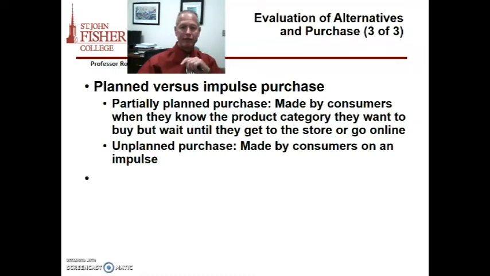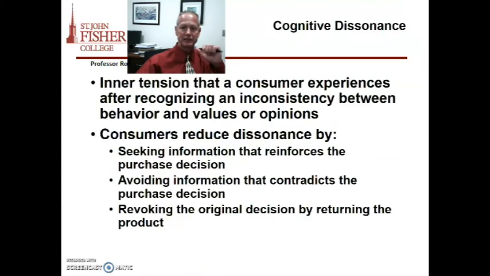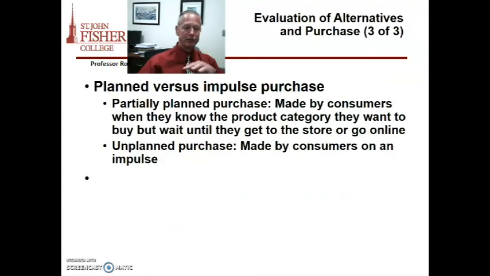And then, of course, impulse purchases are when you simply see something, you like it, you buy it right there. Oftentimes, impulse purchases are for low involvement goods, or when they see something that really catches their eye or that's very eye-catching.